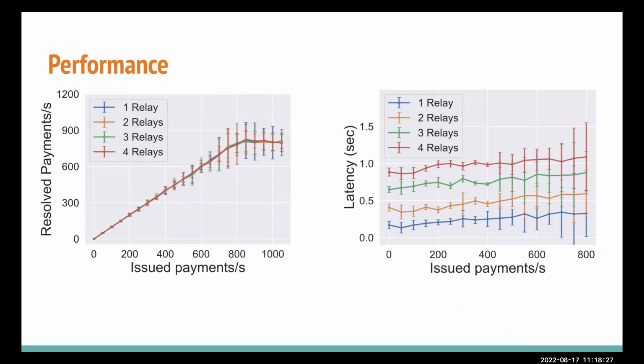And when I say pretty good performance, I'll say here that we achieved a throughput of 850 payments per second, while currently the Lightning Network handles 350, almost 3 times higher. I would say here that we have the T, which is the bottleneck. Let me later explain why it happens.